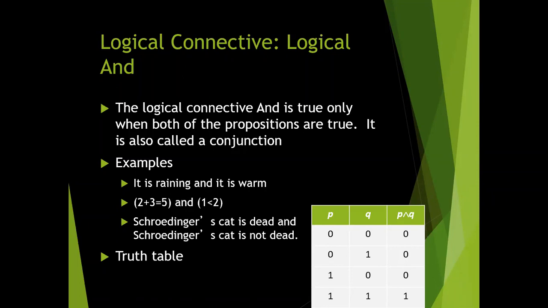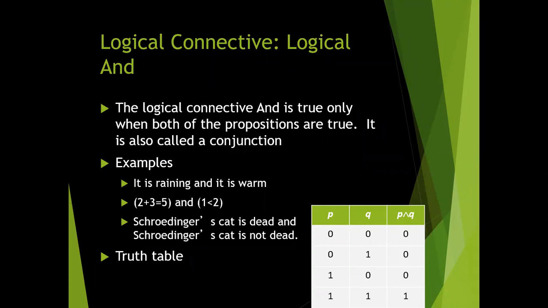As I told you before, the AND connective will become true if and only if proposition P and proposition Q both are true. Otherwise, for all other values of P and Q, it will become false. Let's check. P false, Q false: AND will become false.